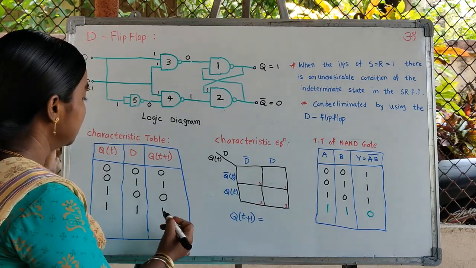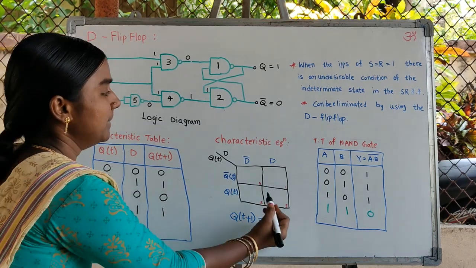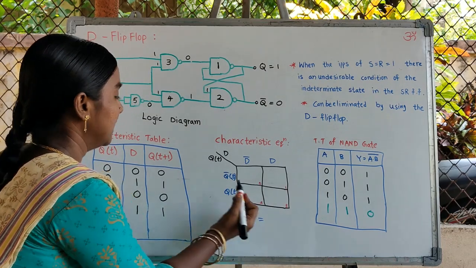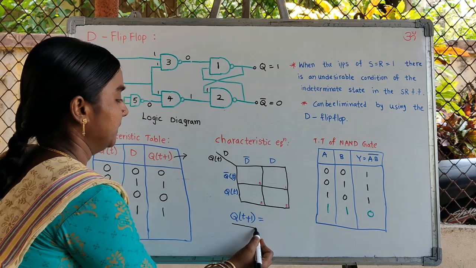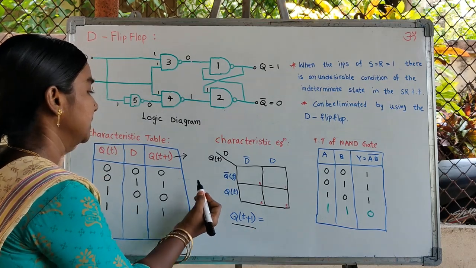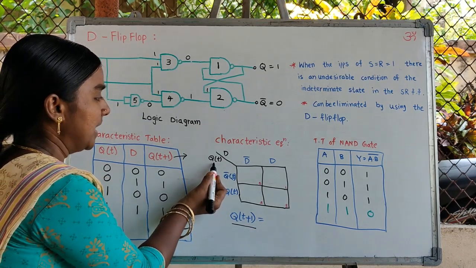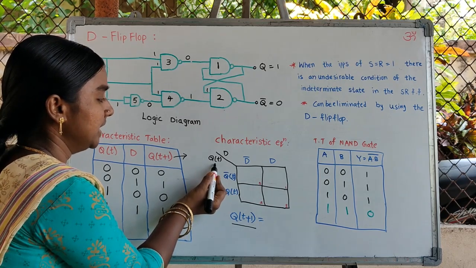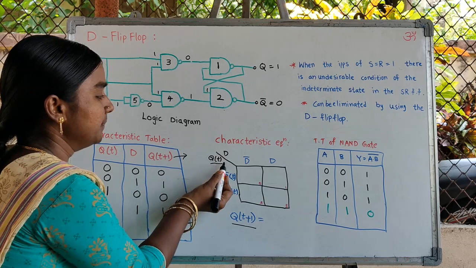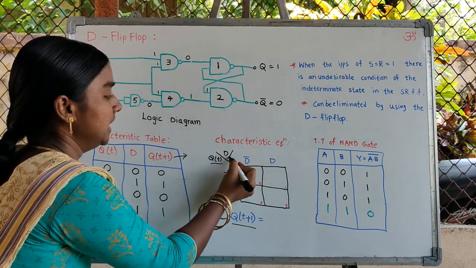Now by considering this characteristics table, we may find the characteristic equation for the next state, that is Q of T plus 1. By considering the minterms, so here to find out the equation for the next state, here in the row wise, I am considering Q of T, column wise I am considering D input.